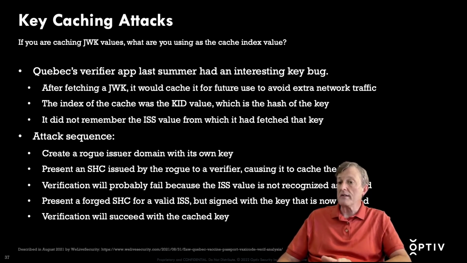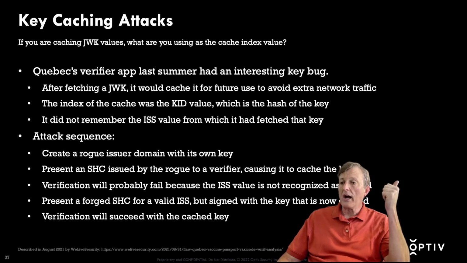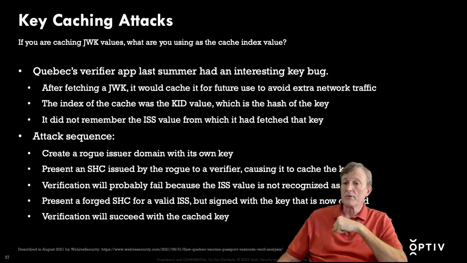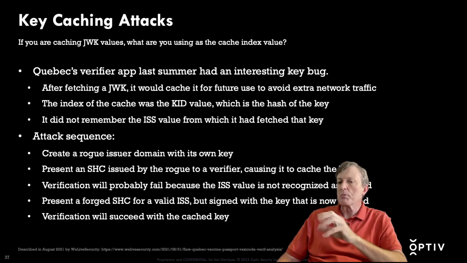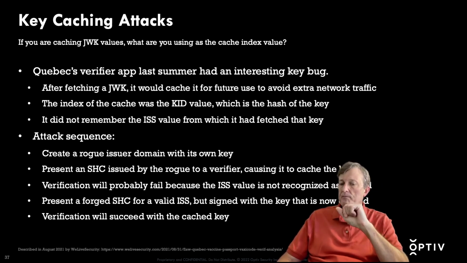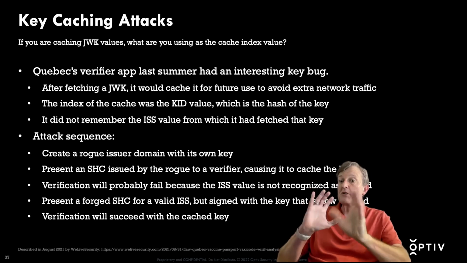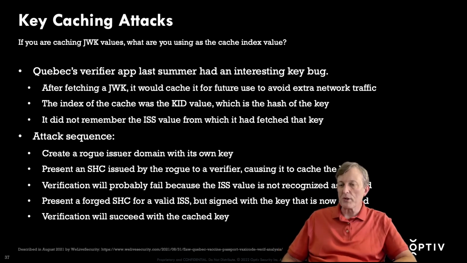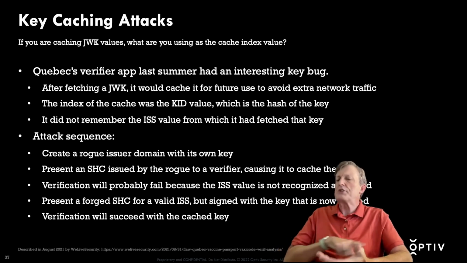Now, if their verifier only trusts certain issuers, which the Canadian apps do, it would reject you. It would say, oh, well, that looks like a smart health card, but we don't trust whoever your hospital is, right? Then you do a little bit of social engineering with the person checking and say, oh, I showed you the wrong one.